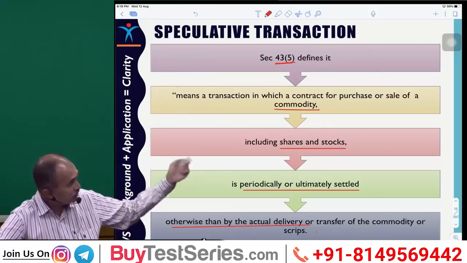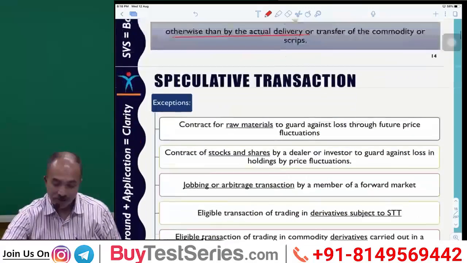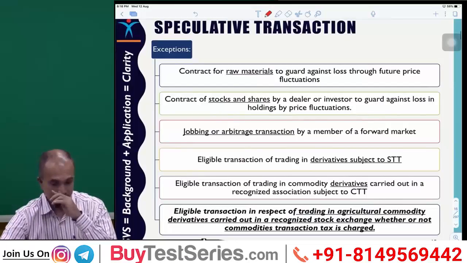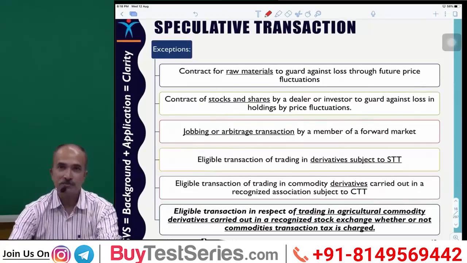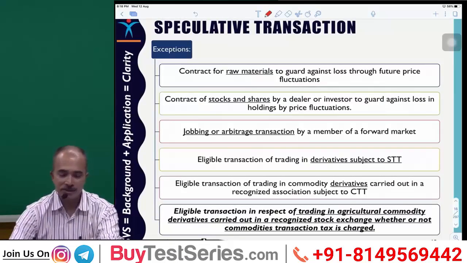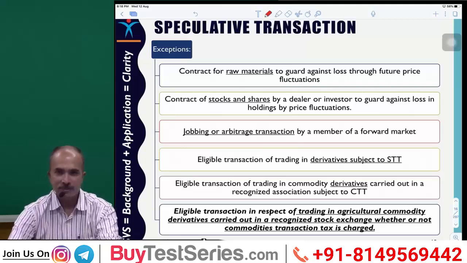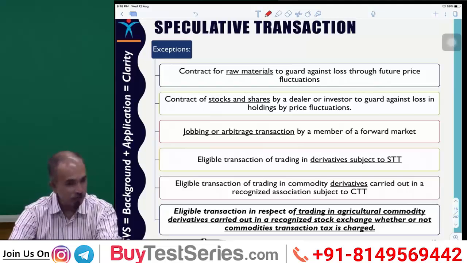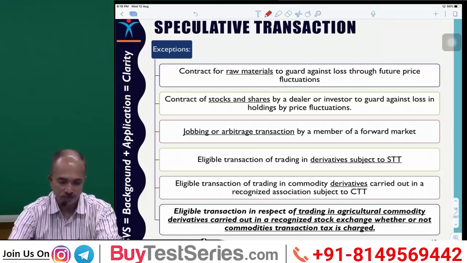But to section 43(5), there is some exception. There are a few transactions which we are calling exceptions, in the sense, if your transaction fits into these categories, though it is really speculation, though there is no delivery, it is not a speculative transaction.